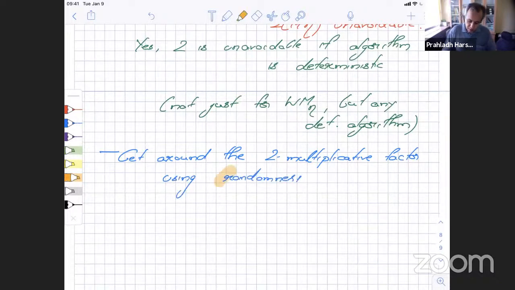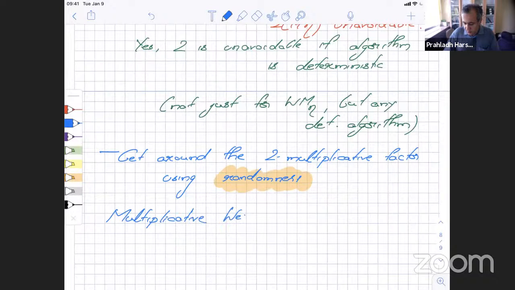And that's going to be what we will call the multiplicative weight update method.